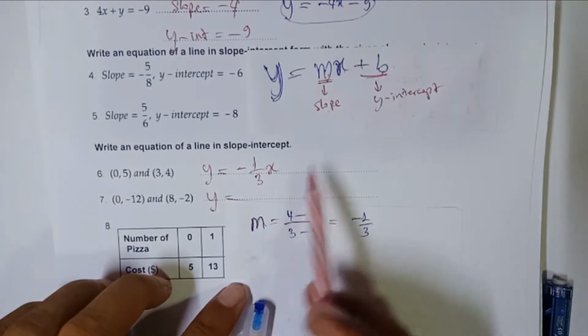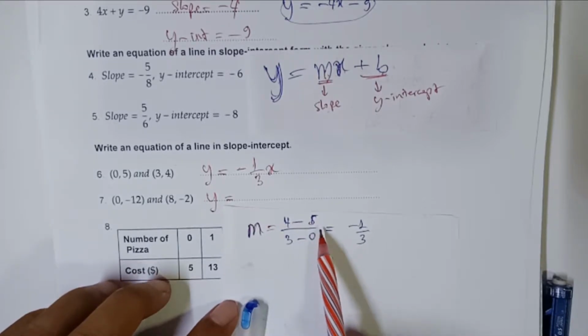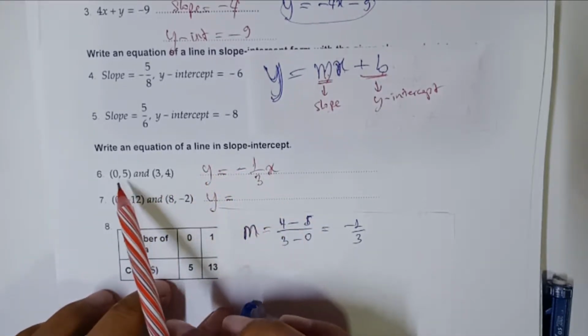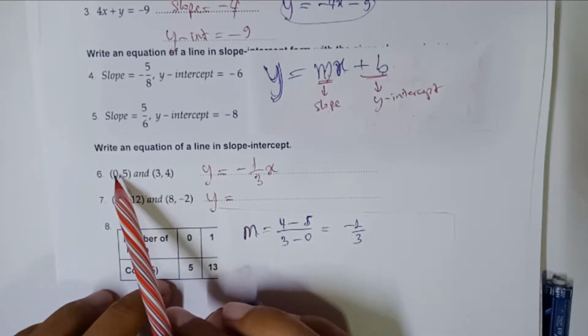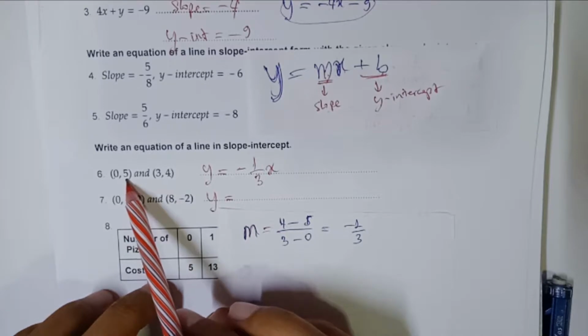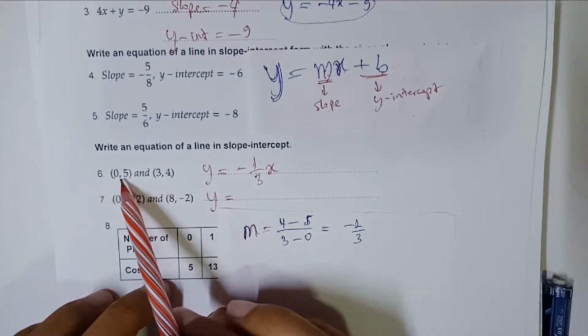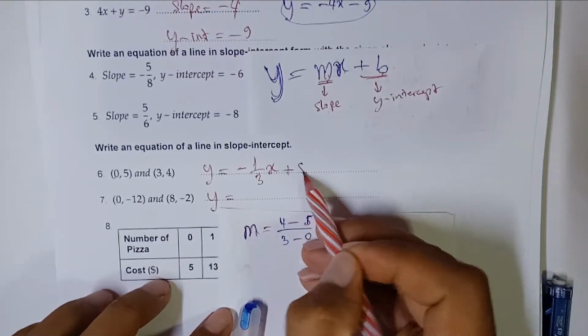And for the b value, you're looking for a point that has x equal to 0. In this particular case, number 6, this is the point with x equal to 0, and the value in this pair is the y-intercept. So the y-intercept here is 5, so plus 5.